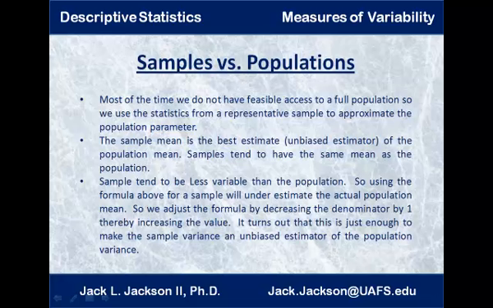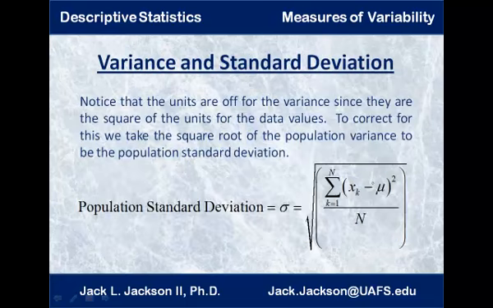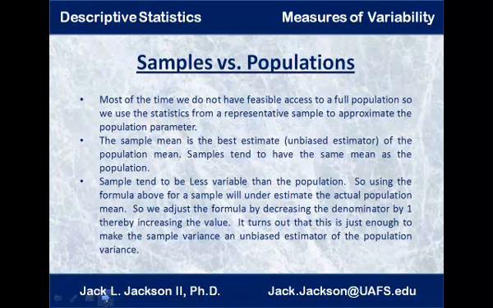So if we use the formula that we did above, if we go back to here and use this same formula for standard deviation, or the one before for variance, and this n is the sample n, and this mu is now the x bar, the sample mean, and this is the little n, the sample size, then it would turn out that that way of doing the variance is going to be an underestimate of how variable the actual population is going to be.